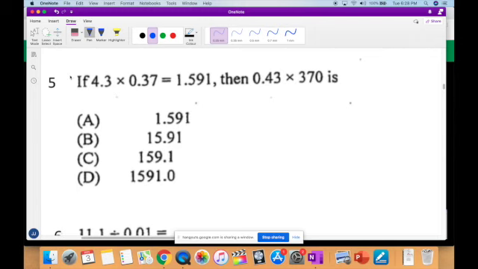Now, be careful with this question, because when we studied multiplying decimals, we said you multiply these two numbers as if they were whole numbers, just as normal. Then you look at the decimal places, 1, 2, 3, and that is the number of decimal places you'll have in your answer.